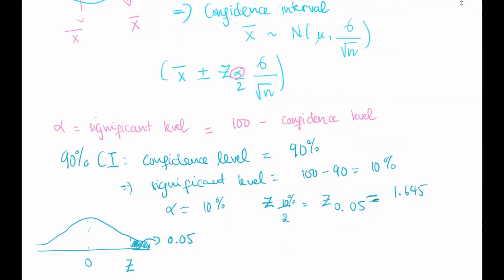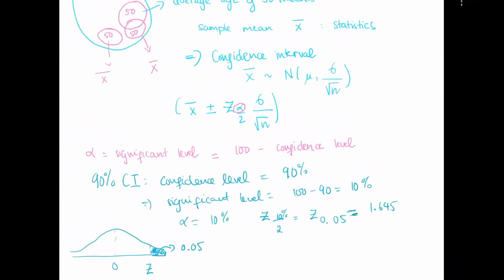So this is a Z value corresponding to 90% confidence interval. If you have a different confidence interval, this Z also changes, and you have to find according to what area you are looking for. So hopefully that makes sense.